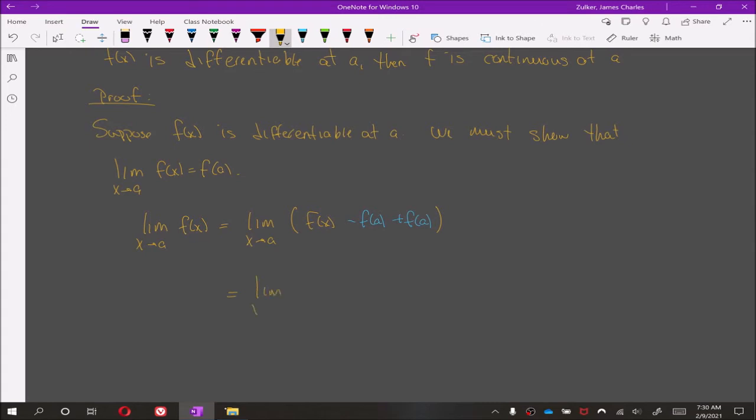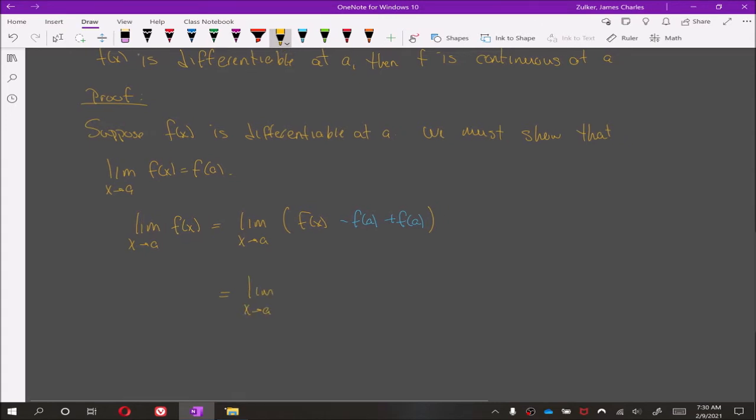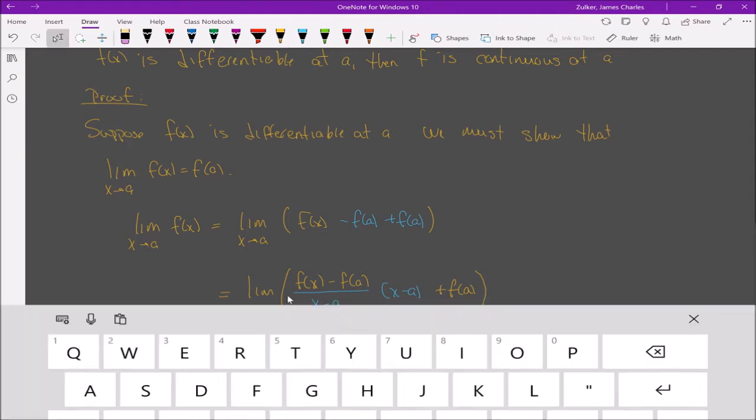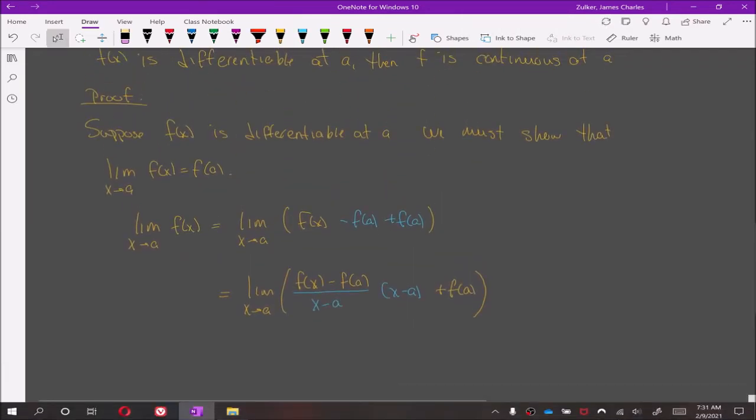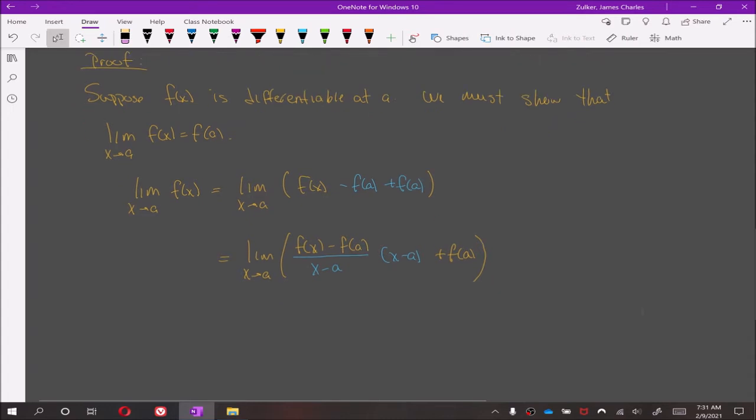We can now write this as the limit as x approaches a of f of x minus f of a divided by x minus a times x minus a, and then plus f of a. Right, here we multiplied this term by 1. Multiplying a number by 1 does not change the value.